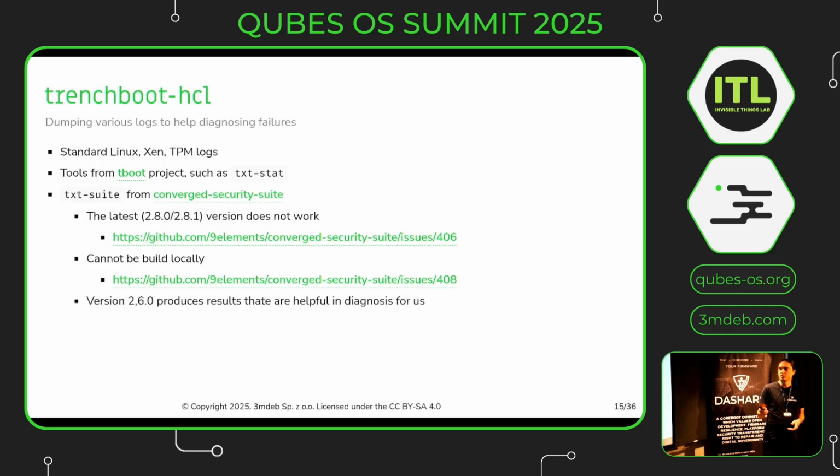There are a couple of problems that it cannot be built right now, and the latest versions didn't work for us, but there is some older one that does, and does produce some useful results to see if the TXT configuration, mostly on the firmware level, is correct, and maybe what's missing, and that can also be helpful during possible implementation of TXT in SeaBIOS, if we go with that.